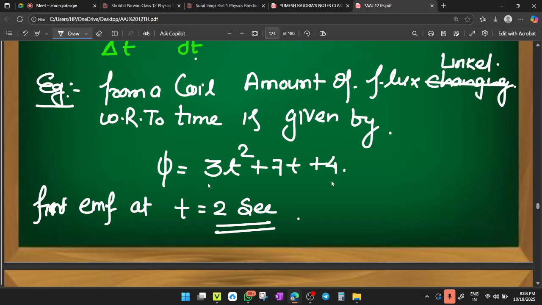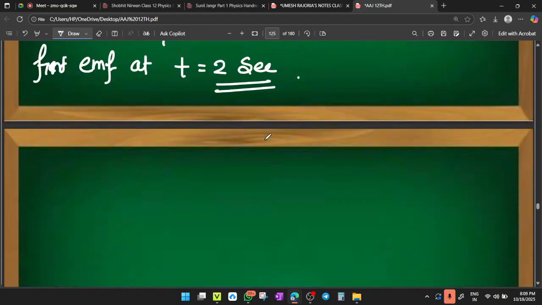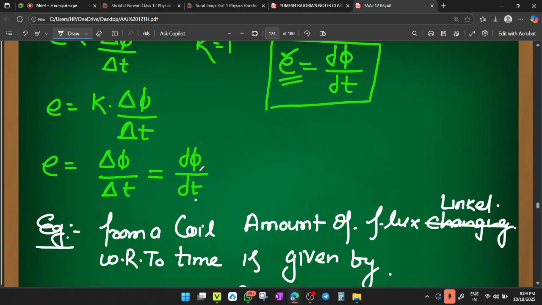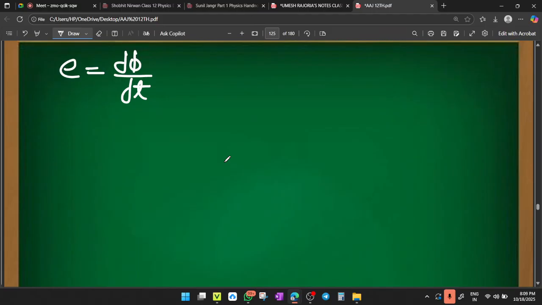You see, flux is depending on time, meaning as you change the time, the amount of flux will change, right? So there is definitely an EMF. Now what we have to find is the magnitude of EMF. As we know, the formula E is equal to d phi by dt, right, beta? We just proved E is equal to d phi by dt for the numerical cases.